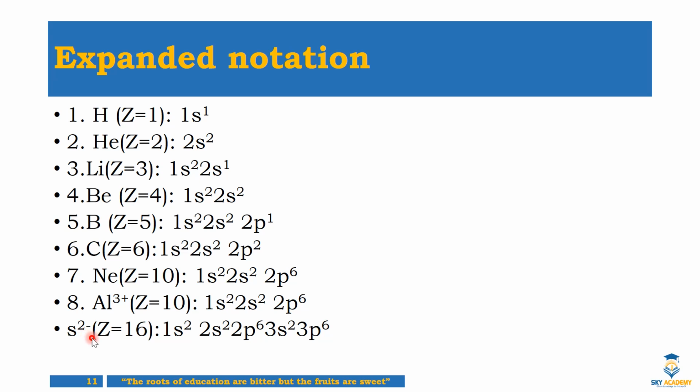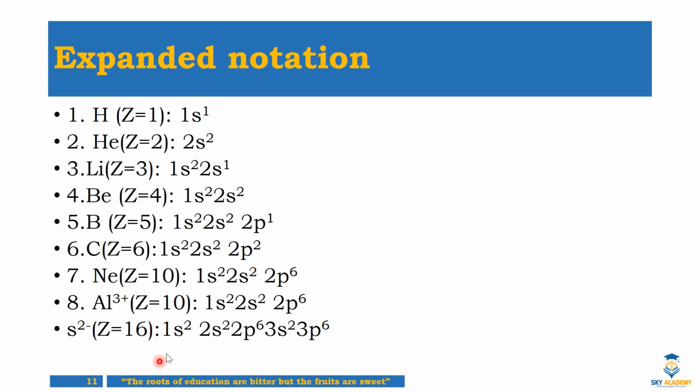When you say 2 negative, it means that the sulfur has gained 2 electrons. You know, losing and gaining, that's it in chemical bonds. In chemical bonds, metals lose electrons and non-metals gain electrons. So this sulfur is a non-metal, so it has gained 2 electrons. Its electrons have been added with the 2 value.